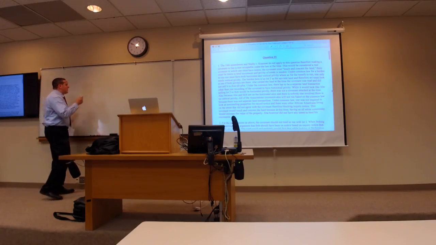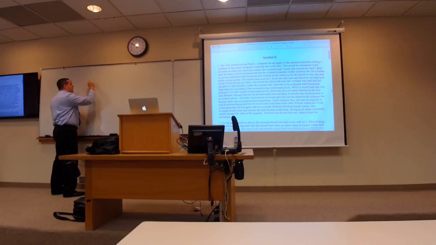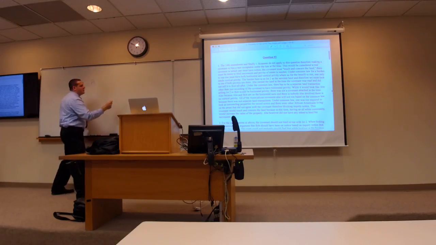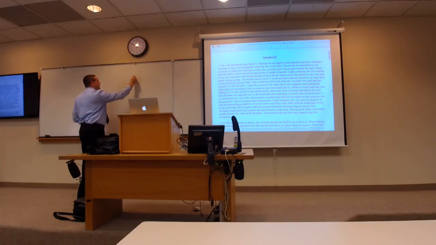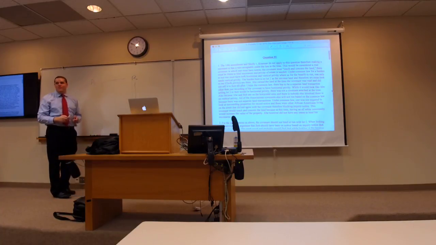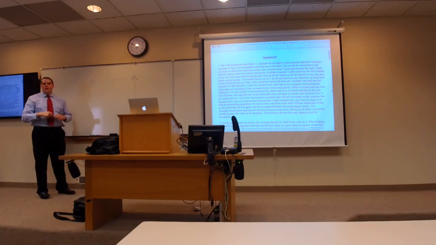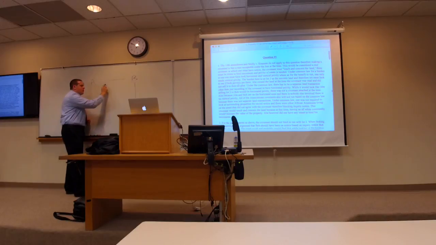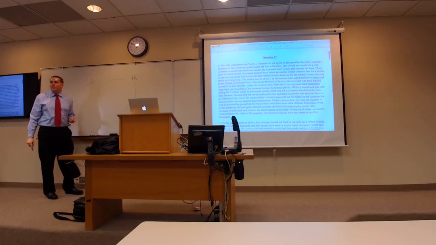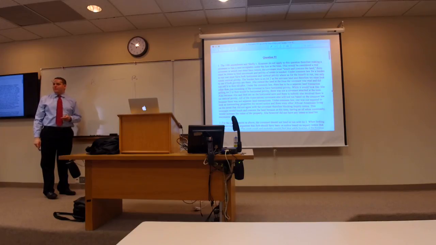You have A, then B, and then it went to C, right? Horizontal privity at common law is always required for any real covenant to exist.